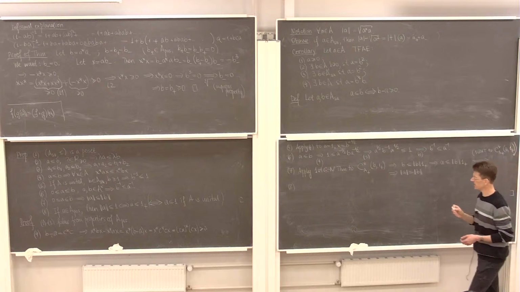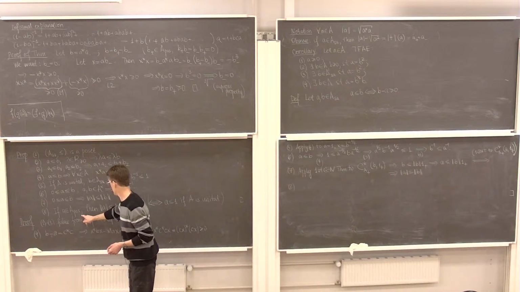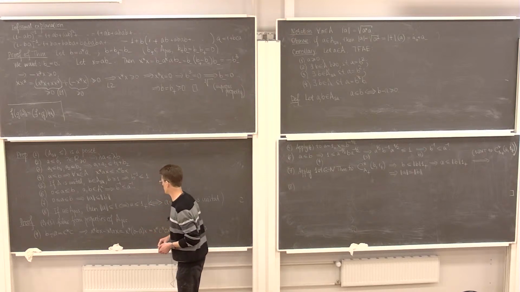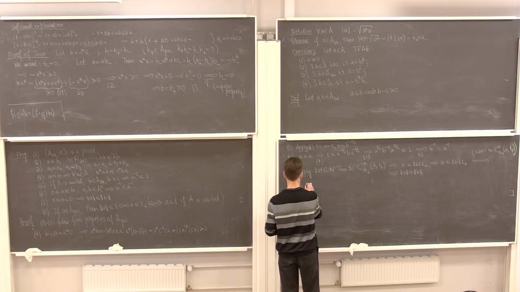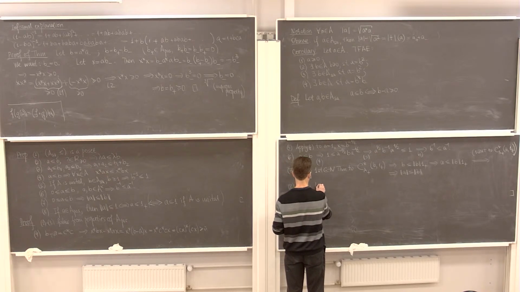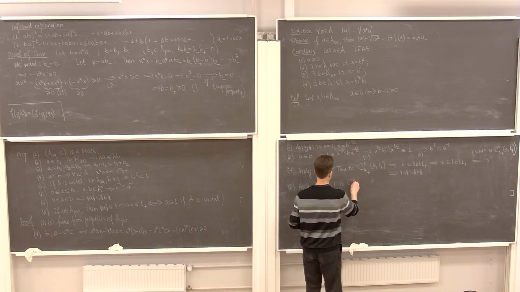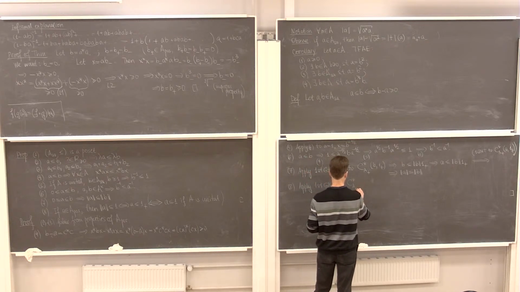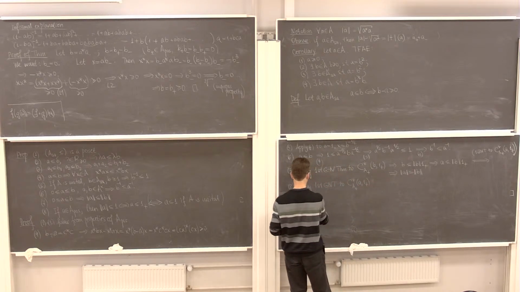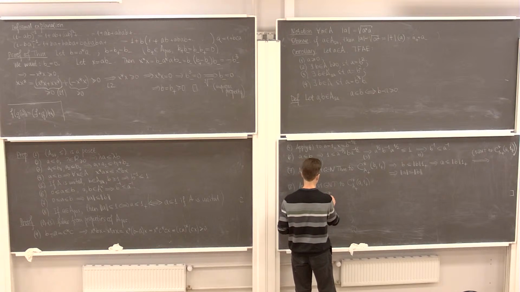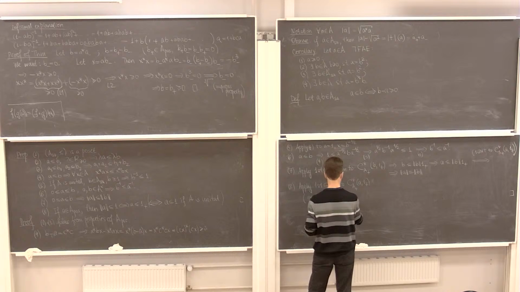Okay, and finally, part 8 is also proved by means of the Gelfand-Naimark theorem. Indeed, we apply this theorem to the C-star subalgebra generated by A and the identity, or in the unital case, to the C-star subalgebra generated by A and the identity of A, if A is unital.